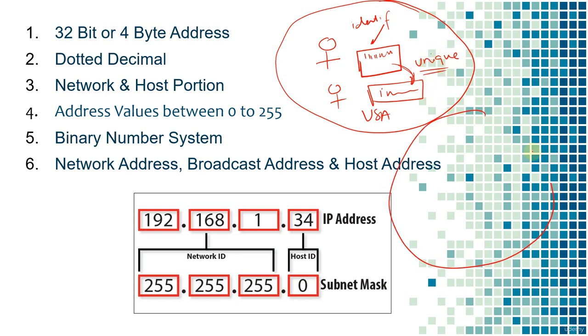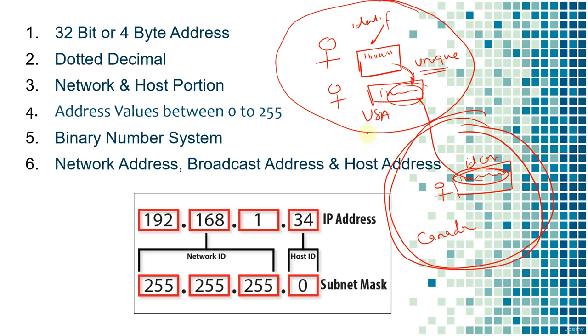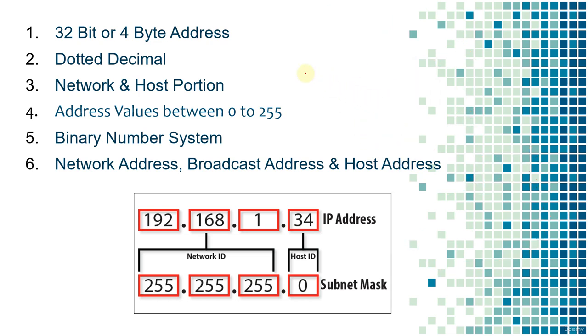But if I'm talking about another country, let's say Canada, and this guy has an ID card, maybe this ID card could have the same identity that the ID card of the USA person has. But it is not going to cause an issue because his boundary is in Canada and this guy's boundary is in USA. On the same basis, in computers as well, we have the same kind of methodology or ideology.